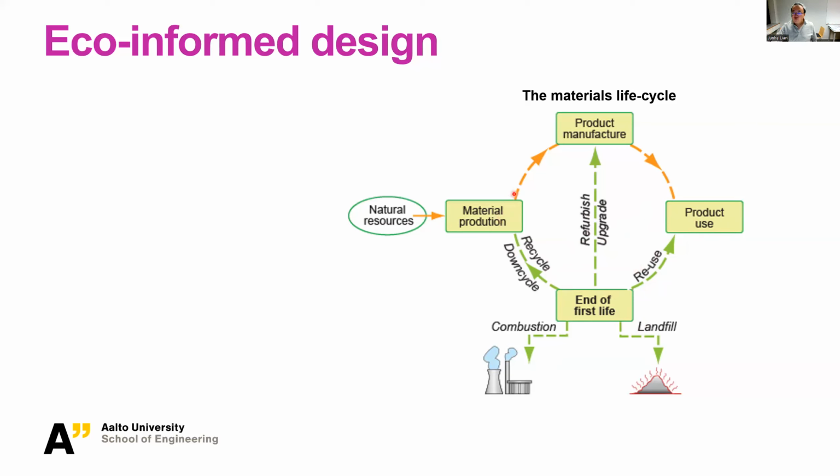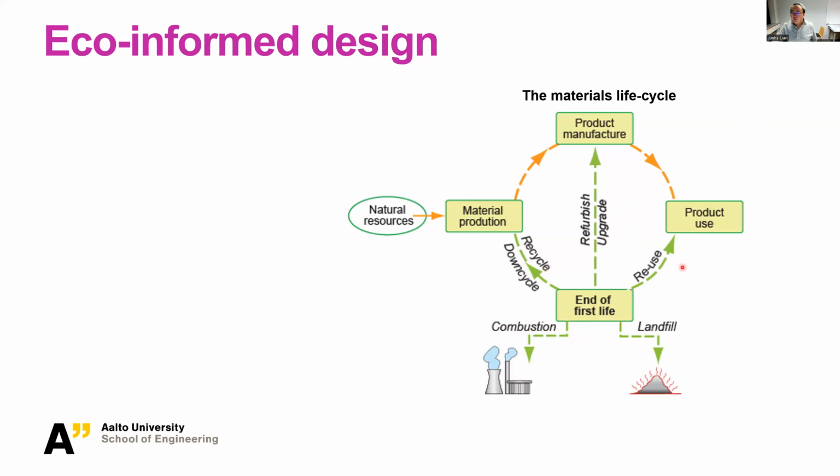If you just look at all these orange colored arrows, they're consuming energy. They're emitting CO2 most likely. And after the end of the first life, we're not even here. We're probably still consuming energy and also emitting CO2. They should have the orange as well, actually.